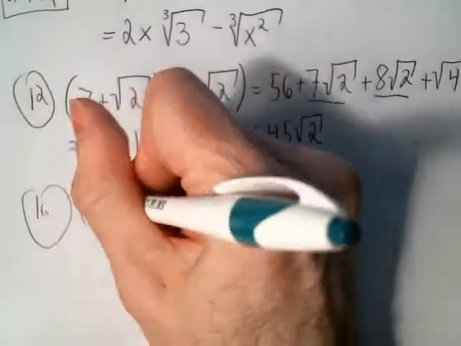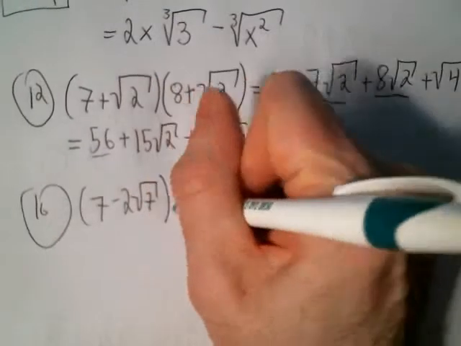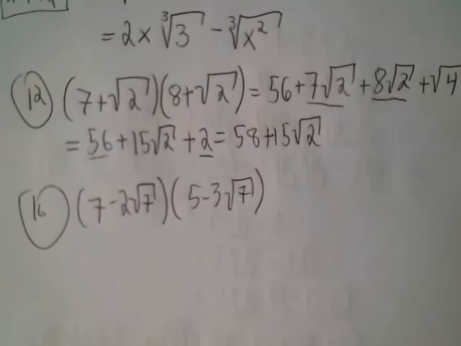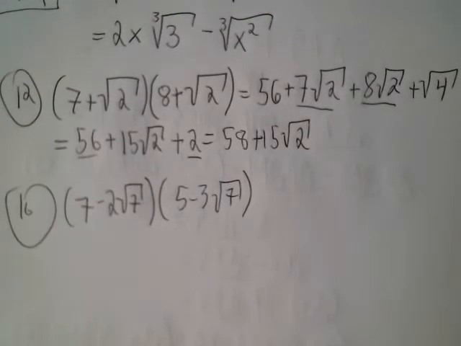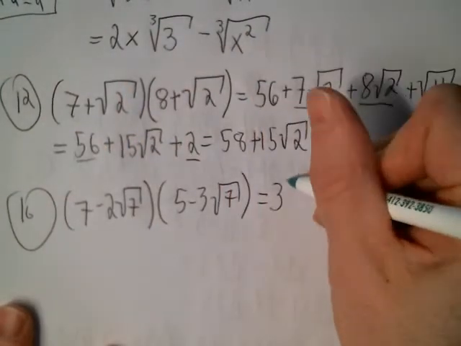Number 16, we have 7 minus 2 radical 7, and then 5 minus 3 radical 7. Okay, first outer and last, 7 times 5 is 35.